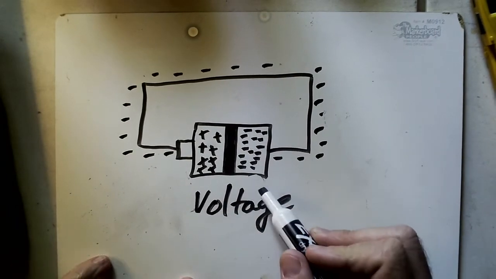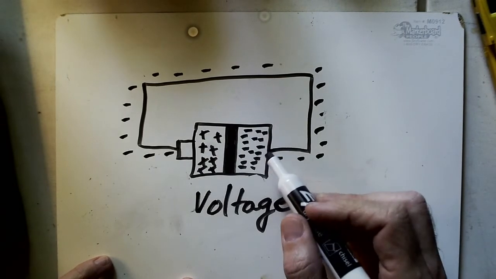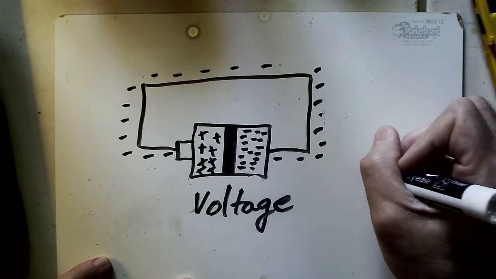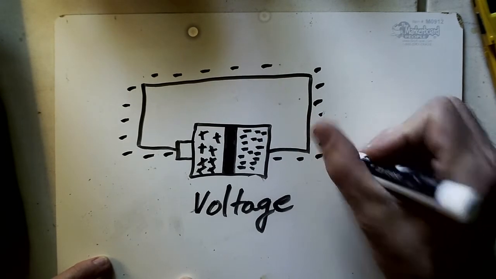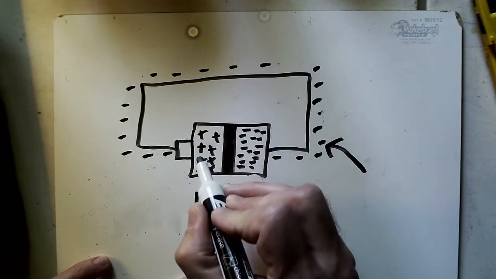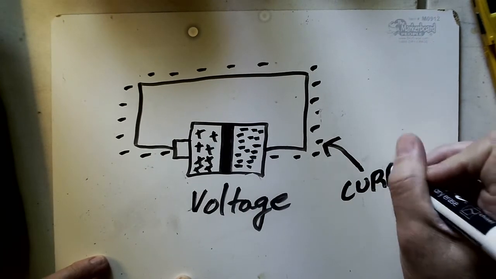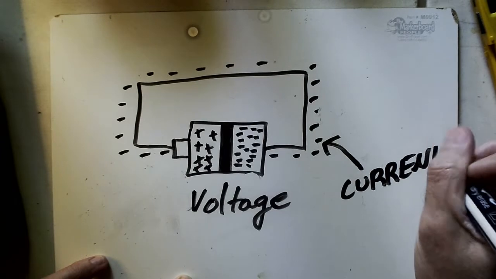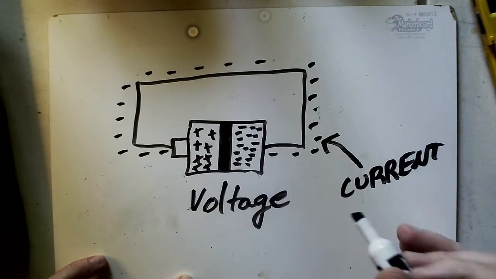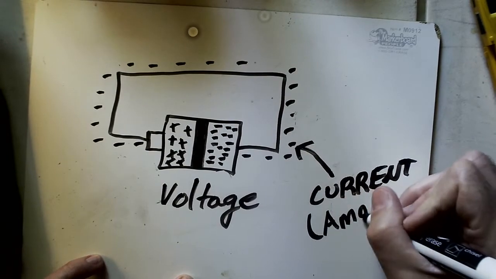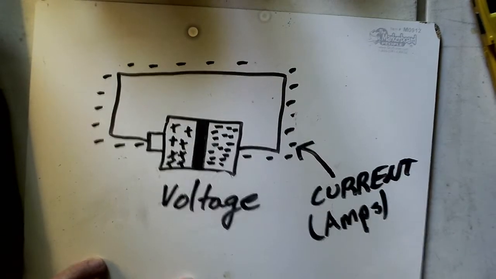Voltage is the potential energy, chemical energy in this sense, the potential energy in the battery. The flow of electrons through the wire is measured with the current. Voltage is measured in volts. Current is measured in amps or amperes, usually just abbreviated amps.